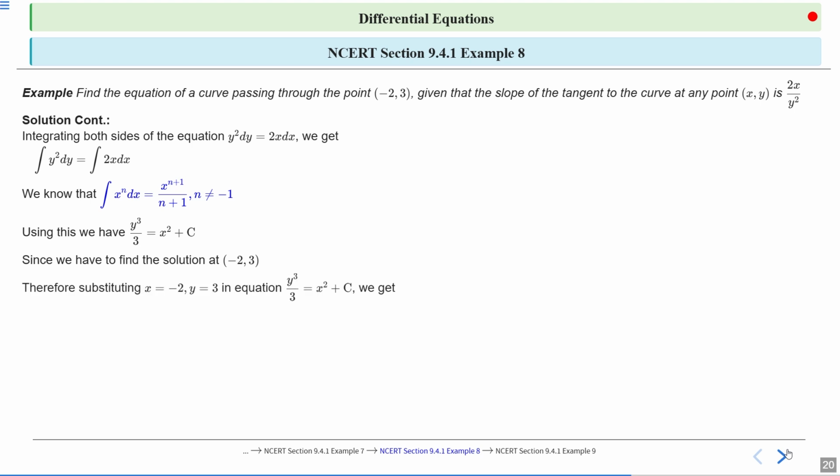Therefore, substituting x equal to -2 and y equal to 3 in y cube by 3 is equal to x square plus c, we get 3 cube by 3 is equal to (-2) whole square plus c. That is 9 is equal to 4 plus c. So the value of c is 5.